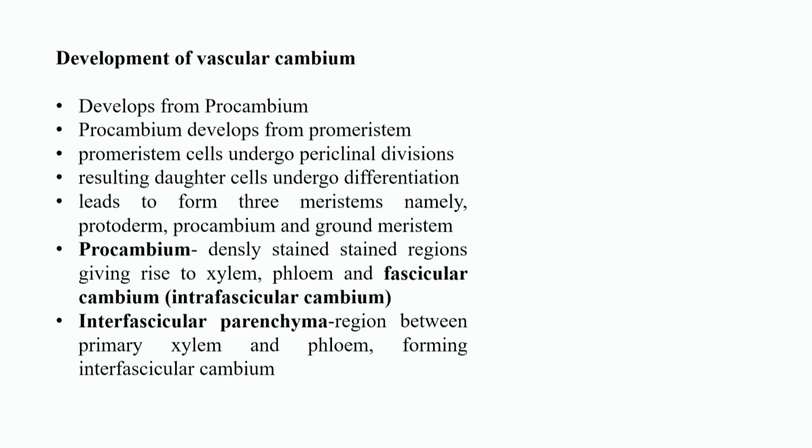Now, how was this vascular cambium developed? See, as we all know, it develops from procambium. Suppose this is the shoot apical meristem. This is the shoot tip, and here you will have the apical meristem. We know that apical meristem will give rise to layers of tissues.